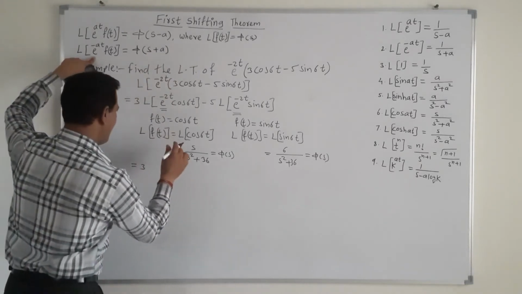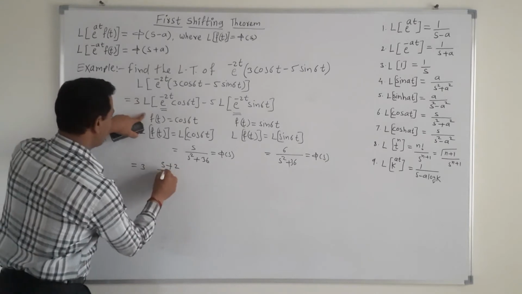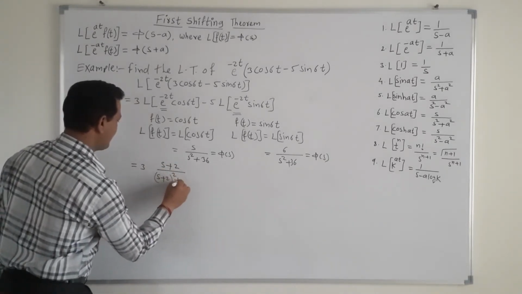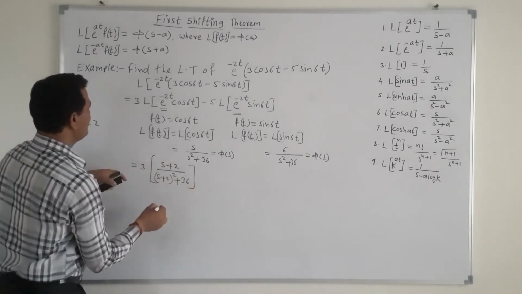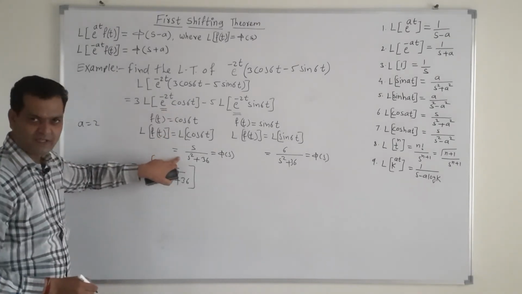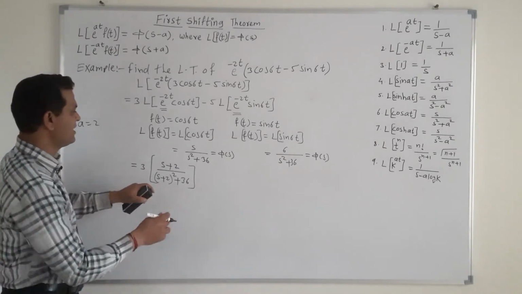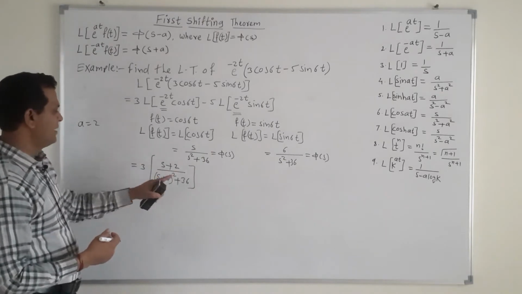So we can write this term as s plus 2 upon s plus 2 whole square plus 36. This is for the first term. According to the shifting theorem, in this equation we add the term a to the parameter s.